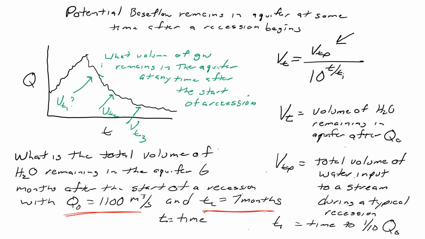If you notice, these two values right here, 7 months and 1,100, are what we used in the previous example. So you've already calculated this value from the previous slide, which is 8.7 times 10 to the 9th cubic meters.